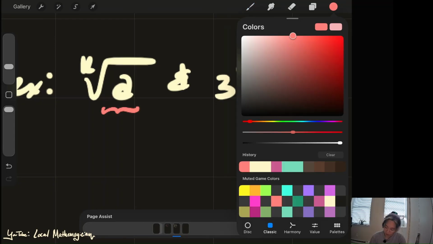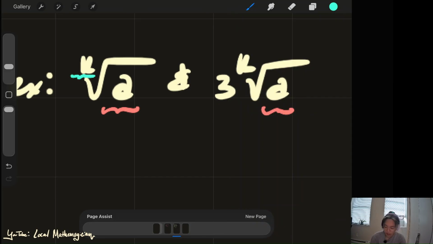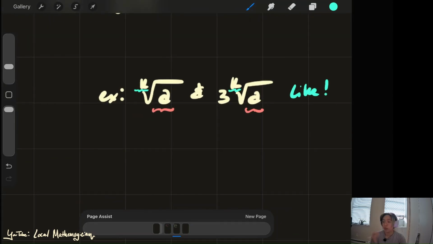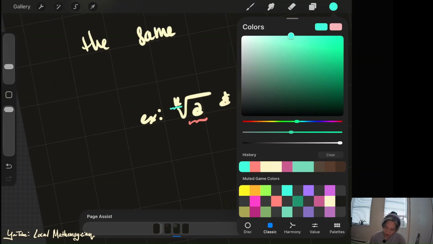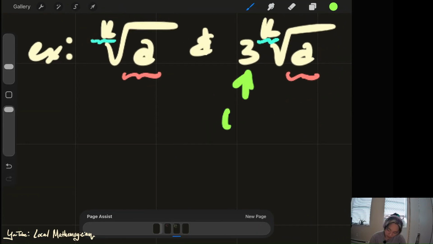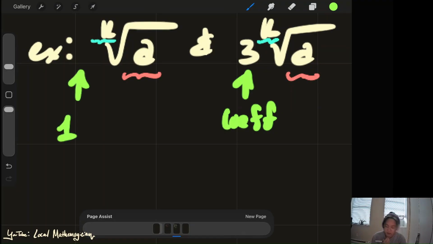Great. What is the index? The index on the left hand is k, and on the right hand is also k, so these are like. What does the 3 do? The 3 is simply the coefficient, just like with normal variables. And of course, the invisible coefficient here is 1.